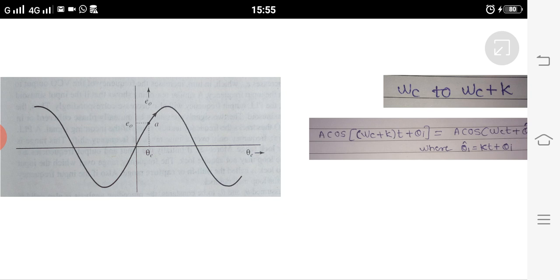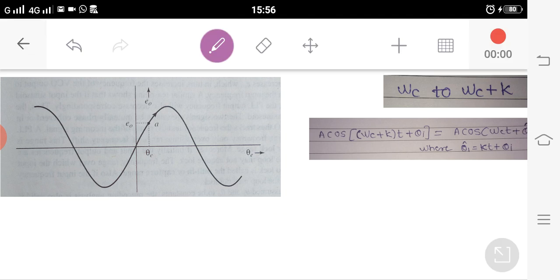Also, if the input frequency changes too rapidly, the loop may not get locked. Here in this discussion, though we are considering theta I and theta naught to be constant, the preceding analysis is also valid if these angles are varying slowly with time.